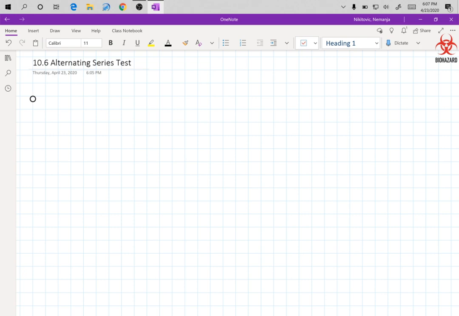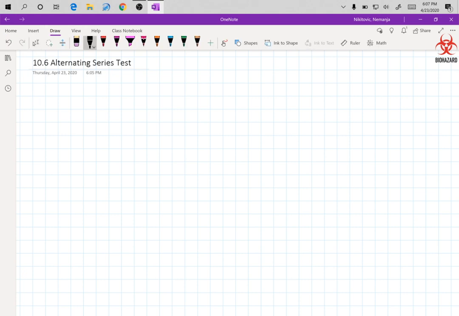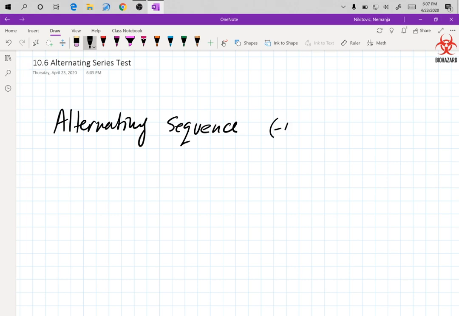Before we jump into alternating series, we're going to talk about an alternating sequence. Take (-1)^n, which, if you start your n at 0, is 1, -1, 1, -1, 1, -1, going forever.